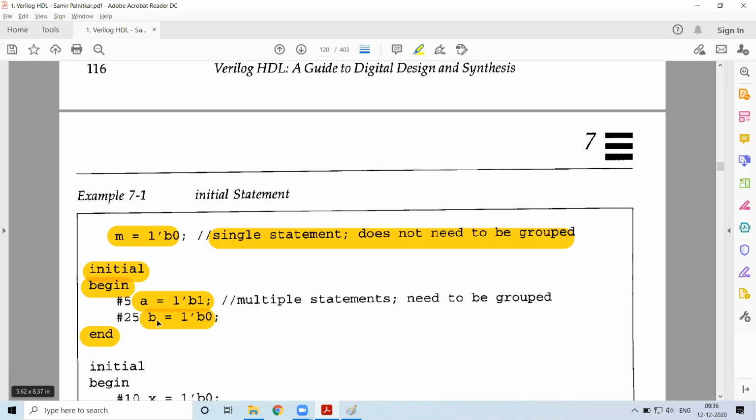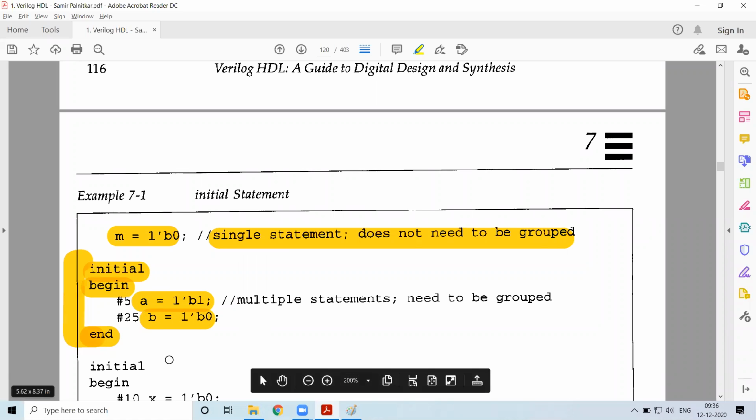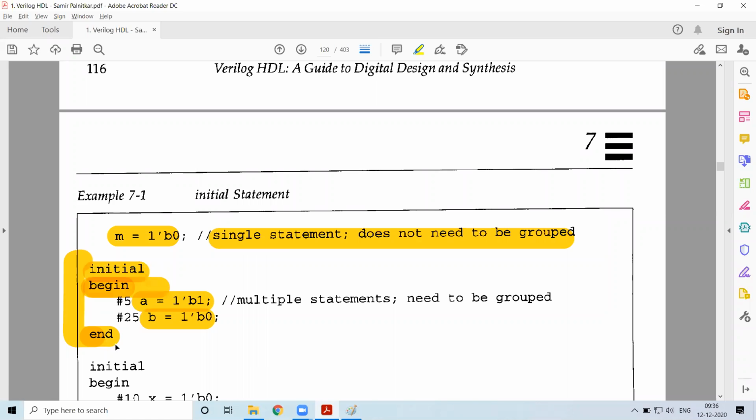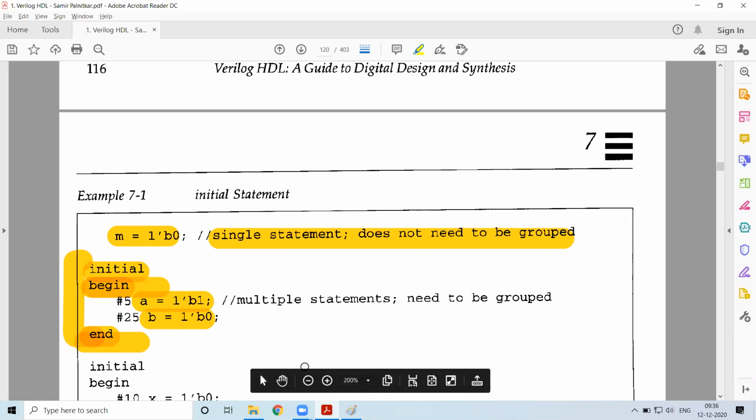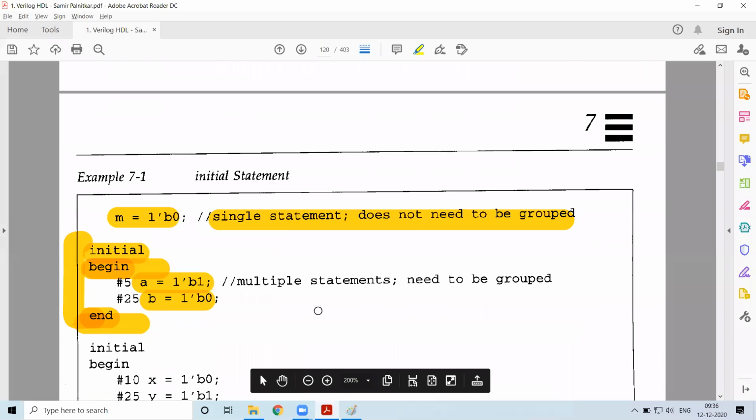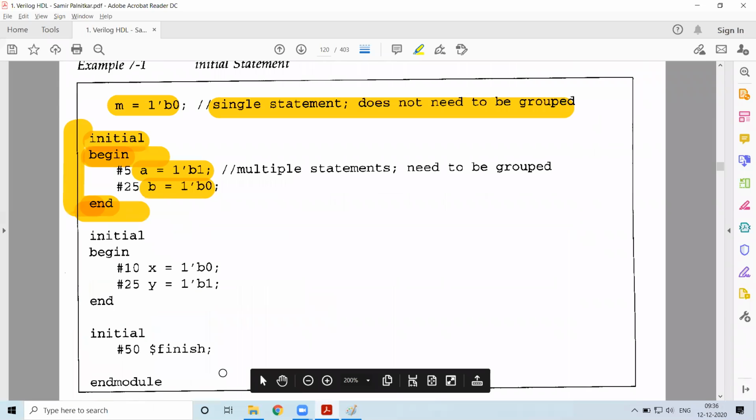So there are two statements present, and these two statements pertain to this initial block. To specify that, I have to make use of the keywords begin and end. This indicates that these two statements belong to this entire initial block.